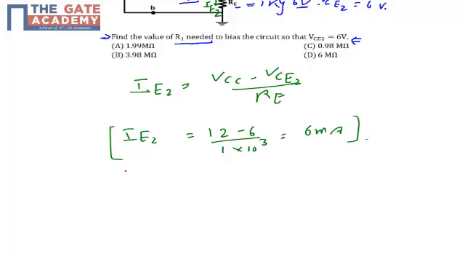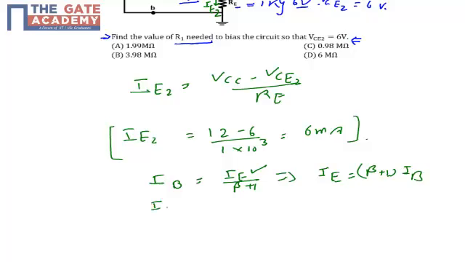Now the base current is related to the emitter current as IE by beta plus 1, or our general formula is IE is equal to beta plus 1 times IB. So we know the emitter current of the second transistor, and we can find the base current of the second transistor, which will be IE2 by beta plus 1.